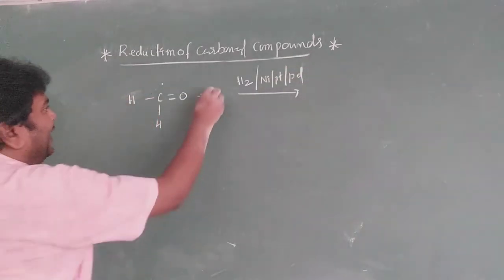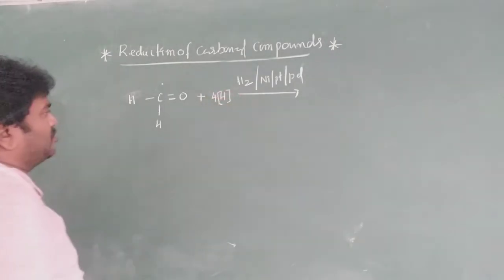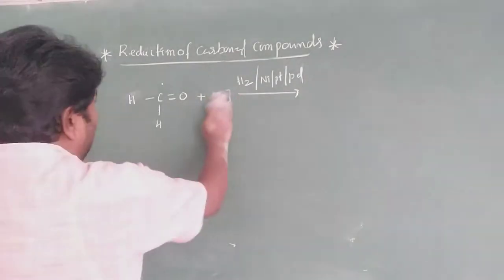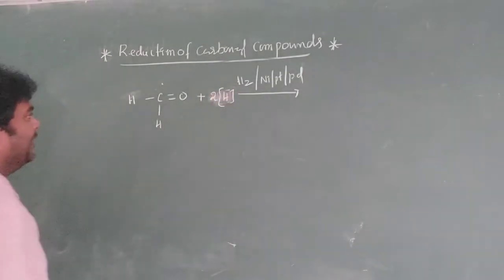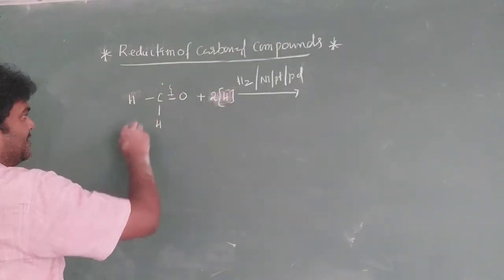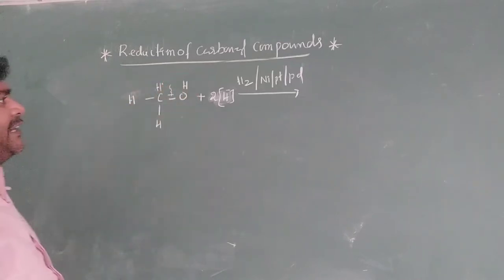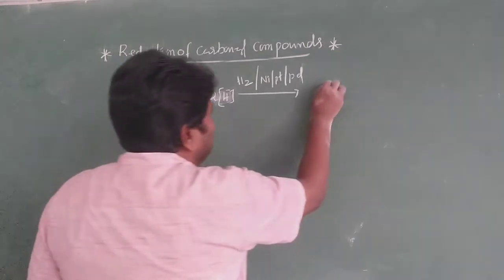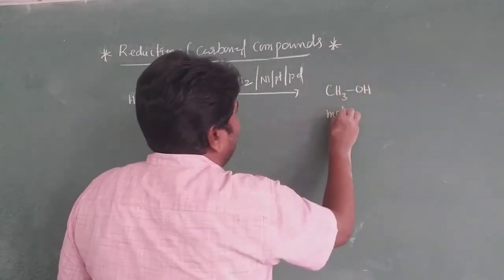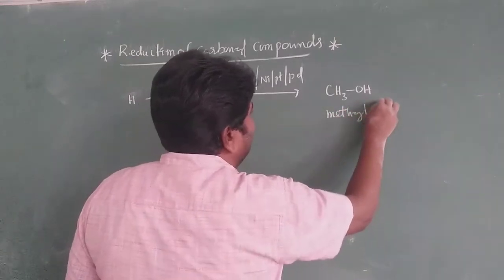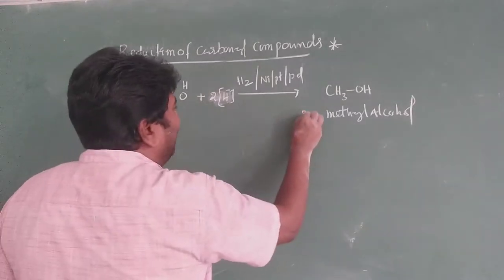What happened here? Two nascent hydrogens, sorry, two nascent hydrogens. Here one pi bond is lost, one hydrogen adds here and one hydrogen adds here. What is the compound you will get? Tell me. It is CH3OH. This is methyl alcohol. It is a 1 degree alcohol.